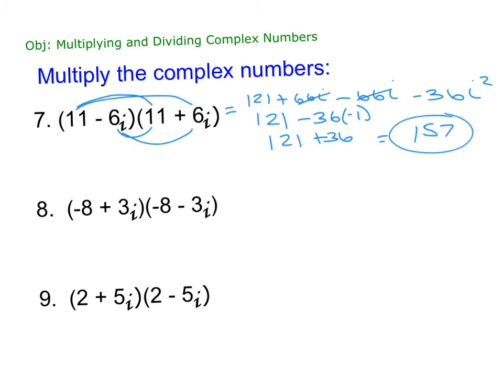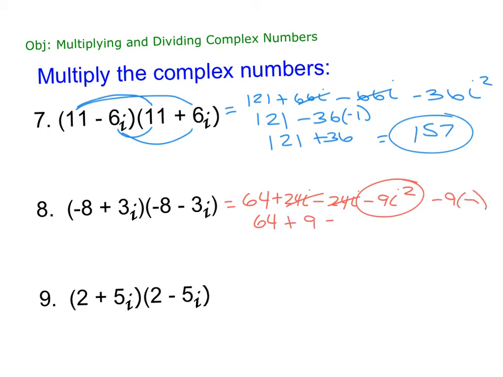The i is going to disappear. So 64 plus 24i minus 24i minus 9i squared. Middle terms cancel. This becomes negative 9 times negative 1, plus 9, 73. That's a negative 1.